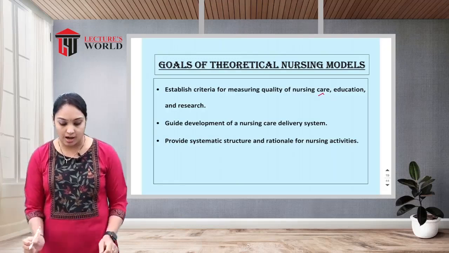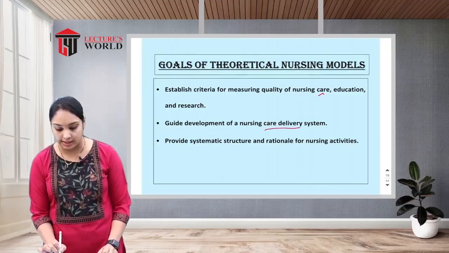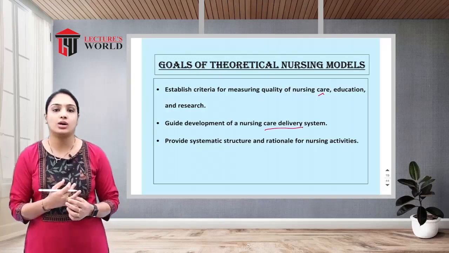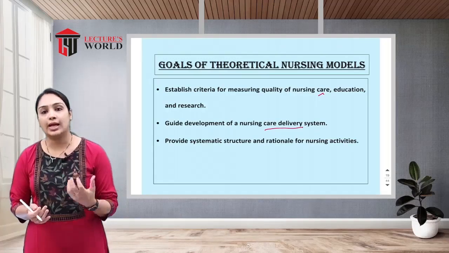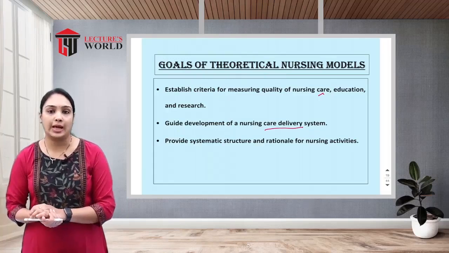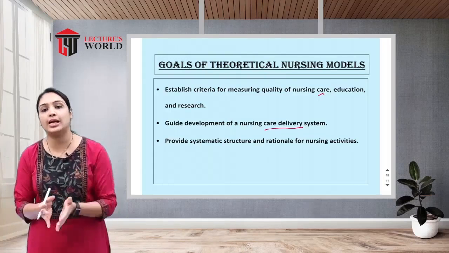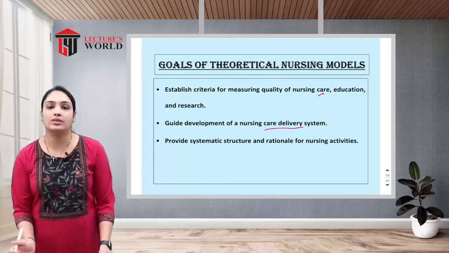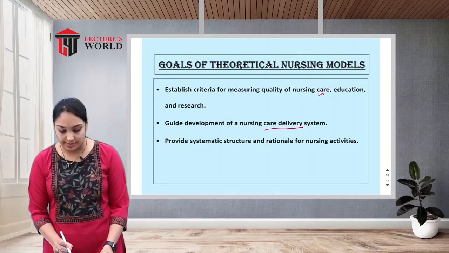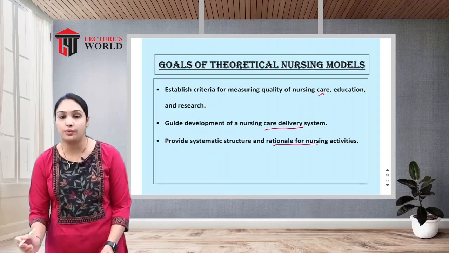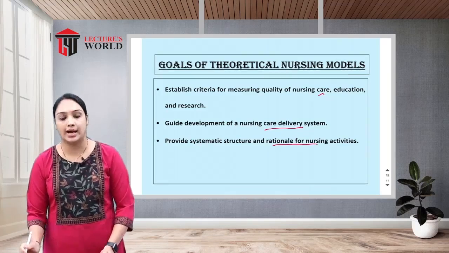Then, guide the development of the nursing care delivery system. We can also focus on the nursing care delivery system, which can be guided by the model. With the help of that delivery system, we can give nursing care to the patient. Provide systemic structure and rationale for particular nursing activities.